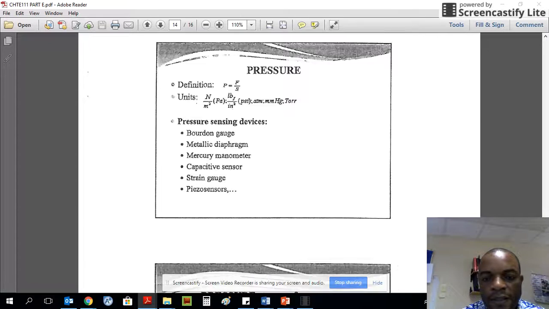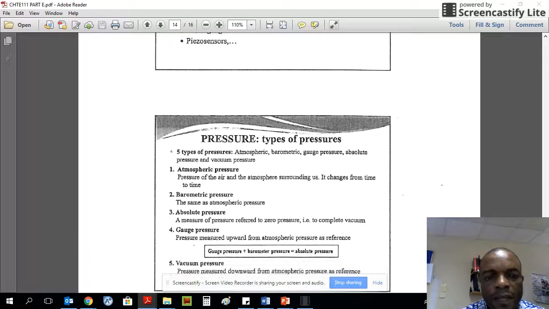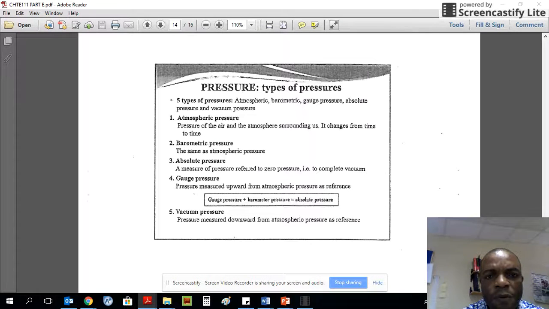Moving on to the next slide, there are different type of pressures. In fact, 5 types of pressures. These are the atmospheric pressure, that is the pressure of the air and the atmosphere which is surrounding us.